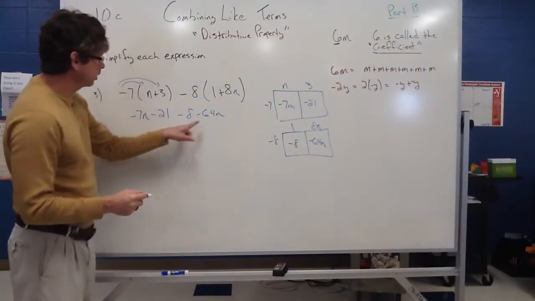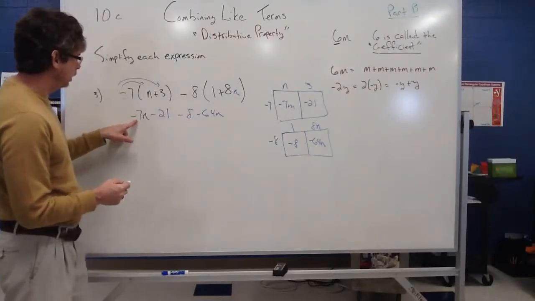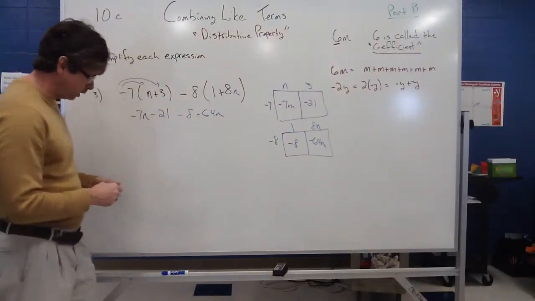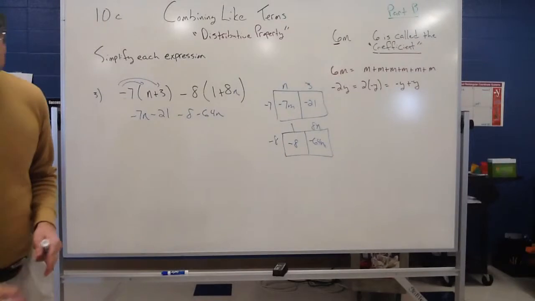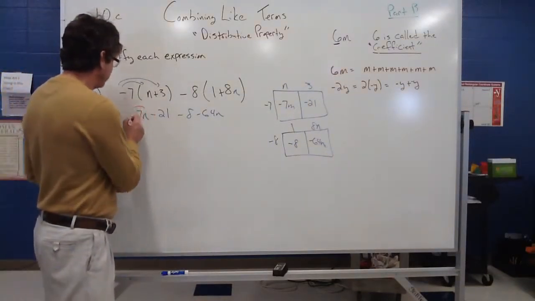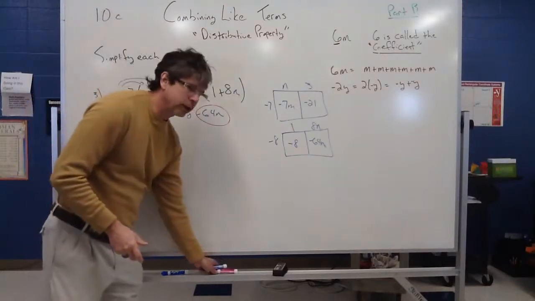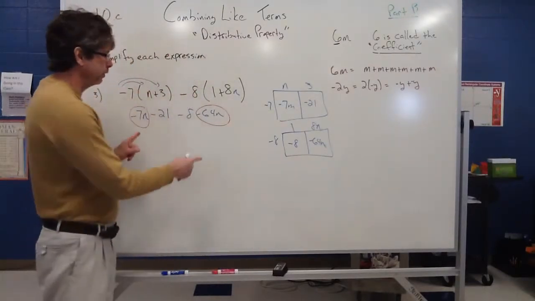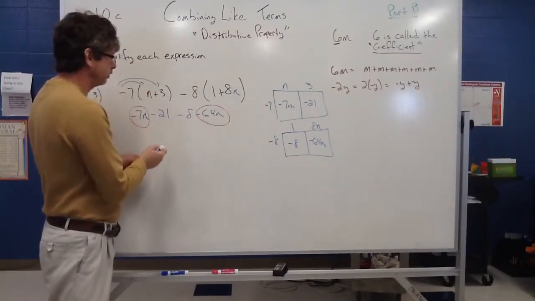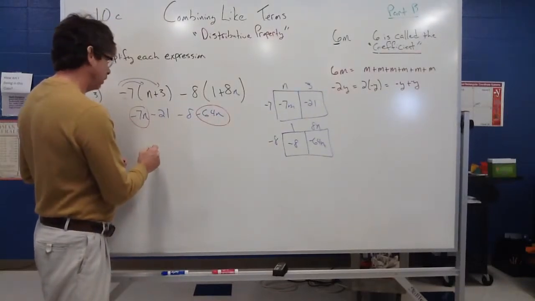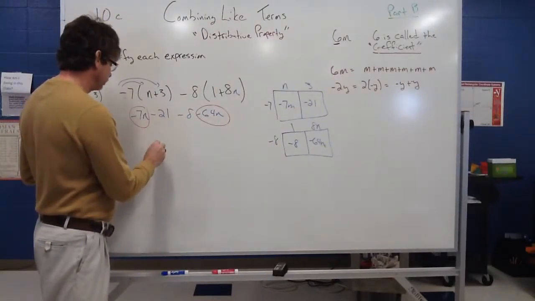And this enables me to combine like terms now. And since these are like terms, notice again, I keep the sign along with those terms. So I have a -7n and a -64n. And since those are like terms, what we really do is just focus on those coefficients. So -7 and a -64, that's going to give me a -71.